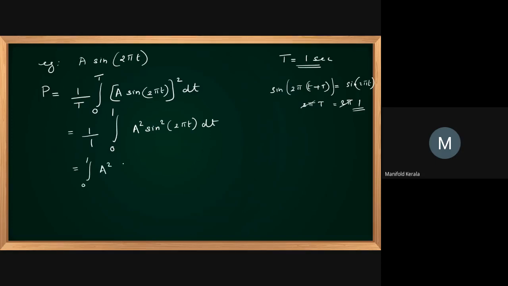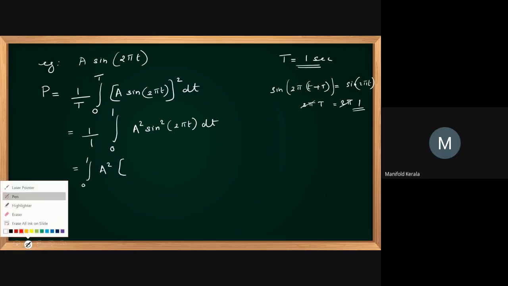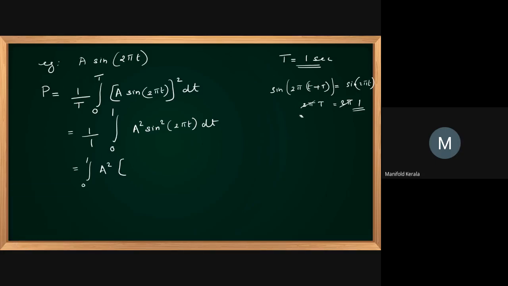A square into sine square theta. If you remember the trigonometric relation, sine square theta is equal to 1 minus cos 2 theta whole divided by 2, and cos square theta is equal to 1 plus cos 2 theta whole divided by 2.